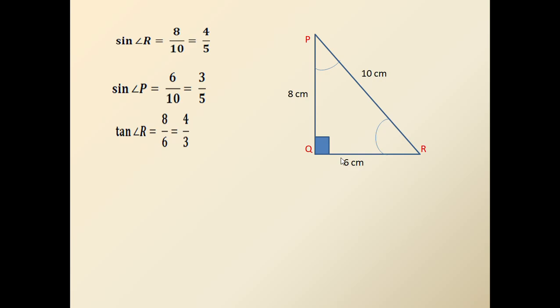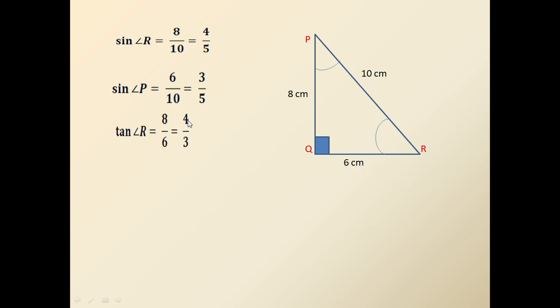Next is tan of angle R. Tan of angle R is opposite by base, PQ by QR, so 8 by 6, and after simplifying we shall get 4 by 3. So here also we can see it is a ratio, 4 by 3, not the exact length of opposite and base.